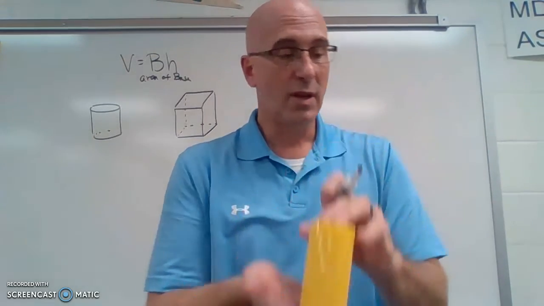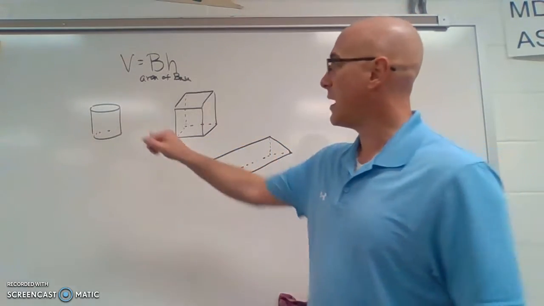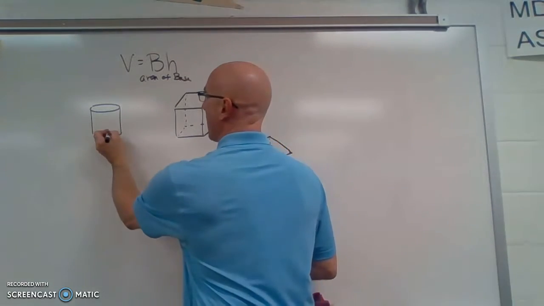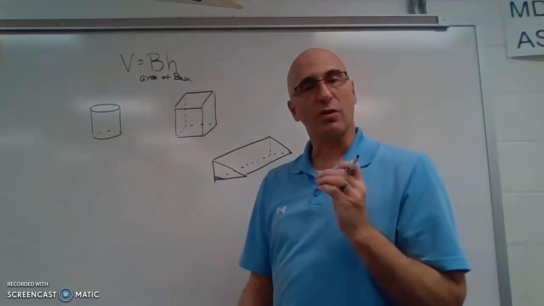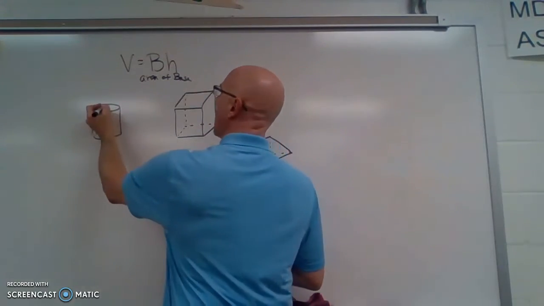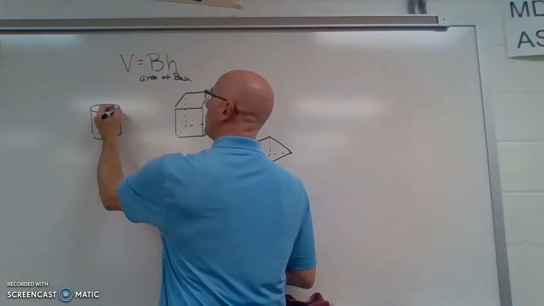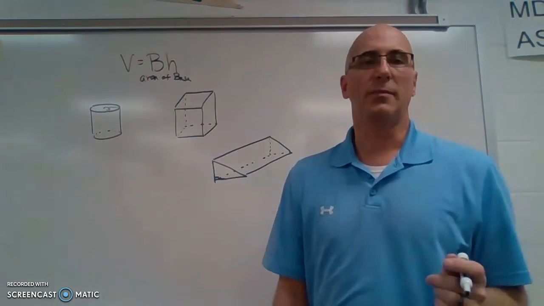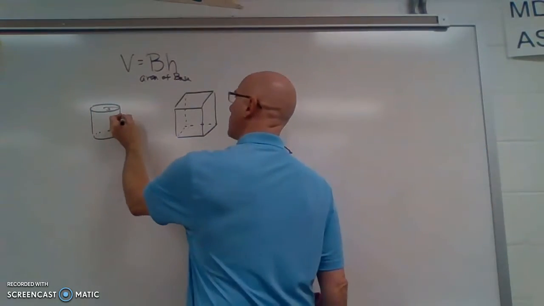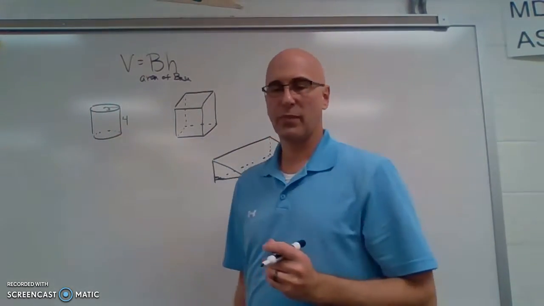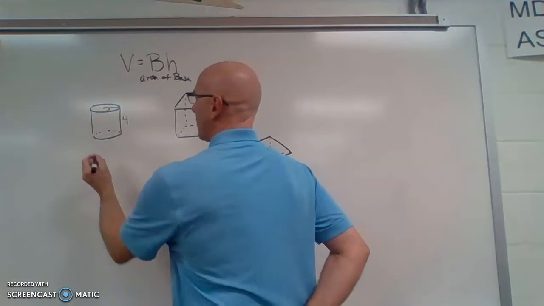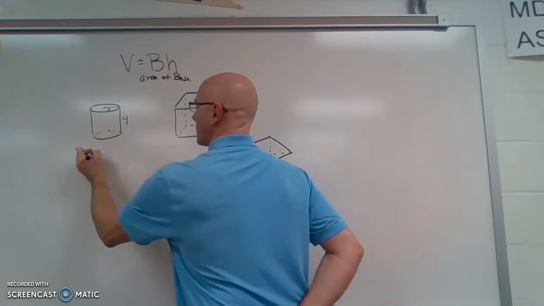So for instance, if we had a cylinder, and we know that there are circles as bases, what would happen if we knew that the radius was 3 and the height was 4? We are first going to calculate the area of the base.